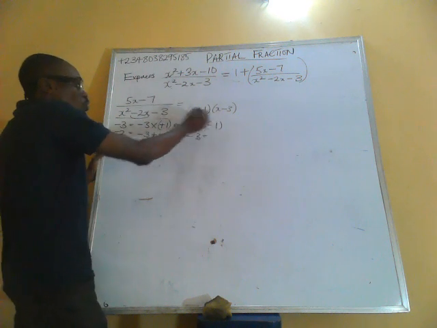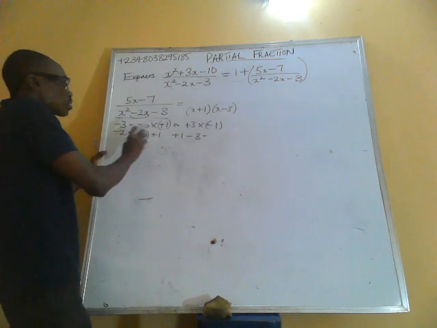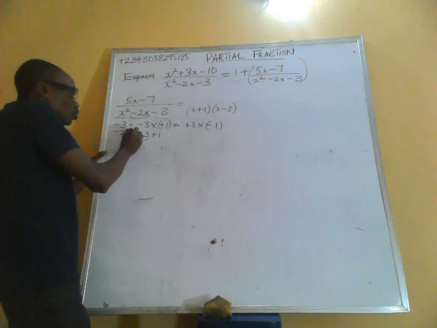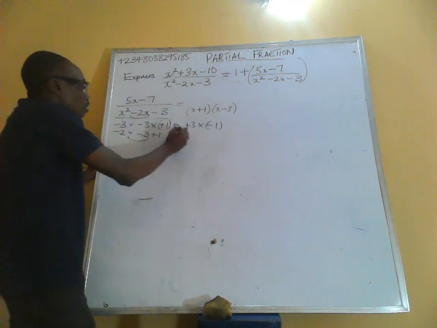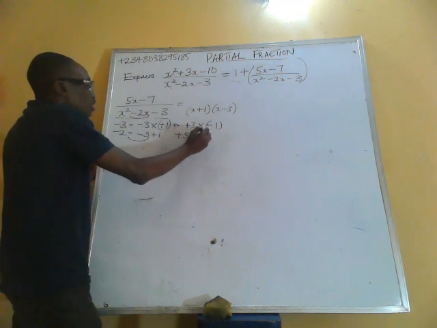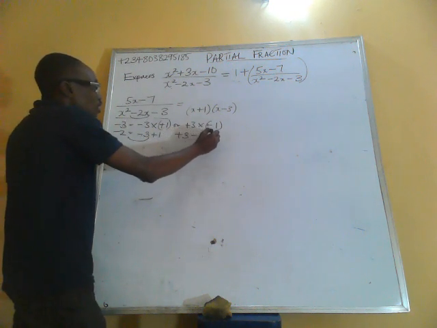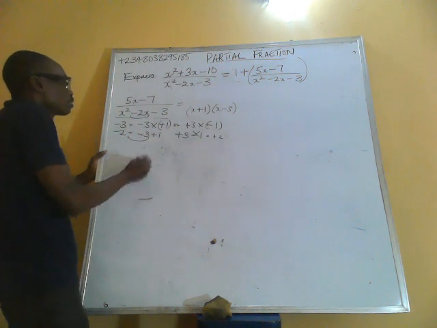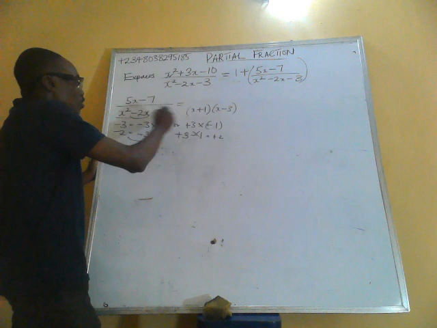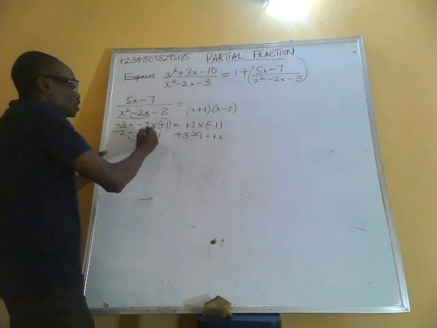Plus 3 times minus 1 will still give you minus 3, fine. But plus 3 minus 1 will give you plus 2. So this is the wrong combination. The correct combination is minus 3 and plus 1.